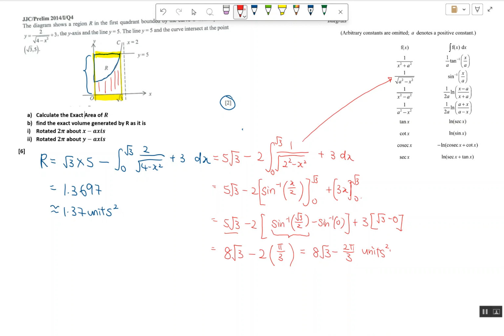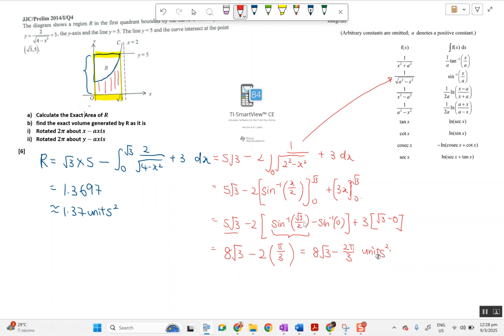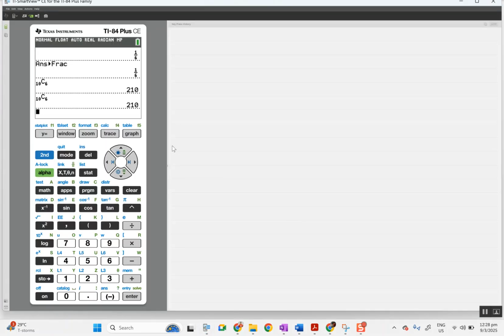Okay, if you're not sure of the special angle table, let me show you how to. Firstly, you have to know the numbers. Like when you sine inverse root 3 over 2 or root 2 over 2, the answer must be in terms of pi. And as a student, I didn't really memorize it. What I do is I will key into the calculator.